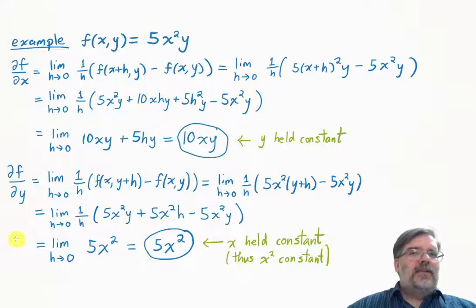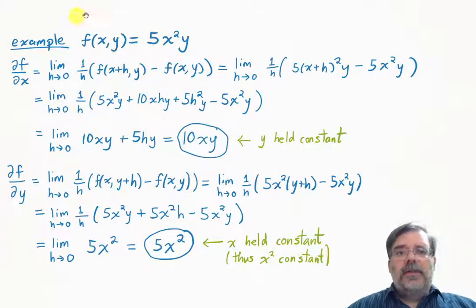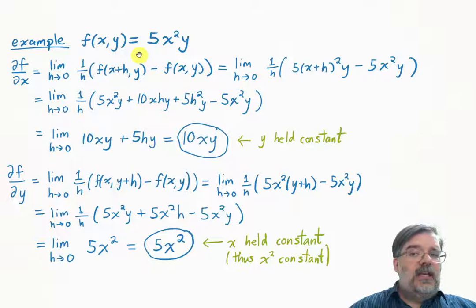I'll show you how to do that on this slide, and then I'll explain how actually the derivative rules you already know can be used instead. So for our example function, let's consider the multivariable function f of x comma y is equal to 5 times x squared times y.